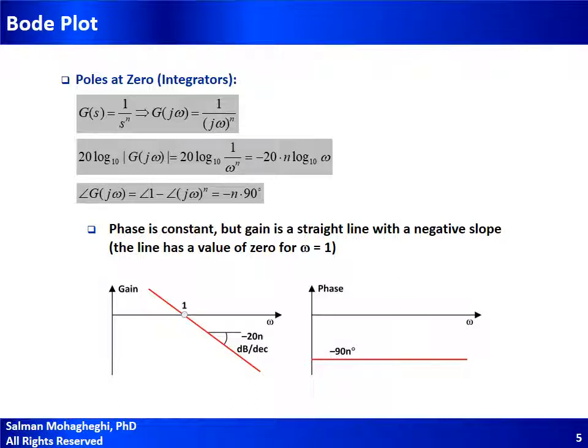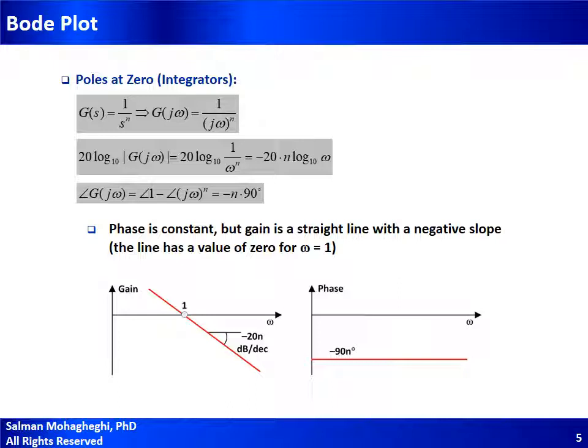If you look into 20 log of the magnitude, you basically have 20 log of 1 over omega to the n. And you remember from the basic characteristics of the log function that multiplication is going to be converted into addition. So log of 1 over omega to the power of n is like I'm looking at log of 1 over omega times 1 over omega times 1 over omega, all the way n times.